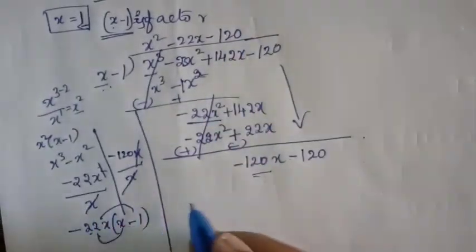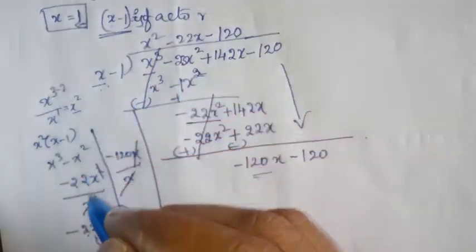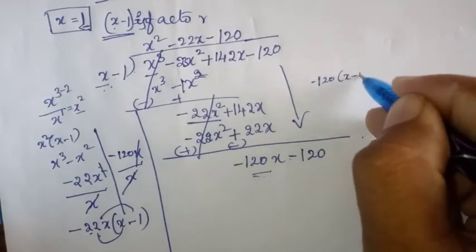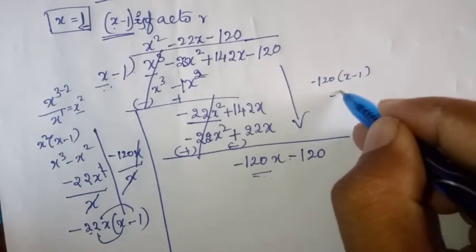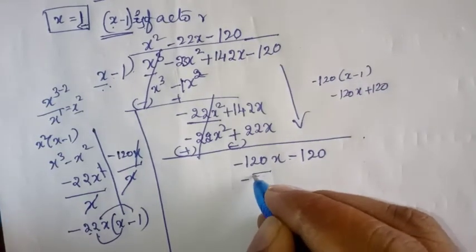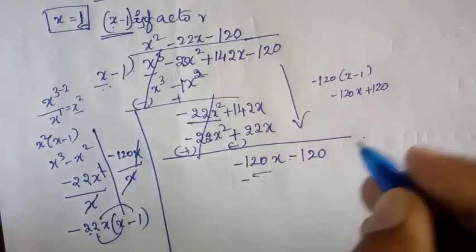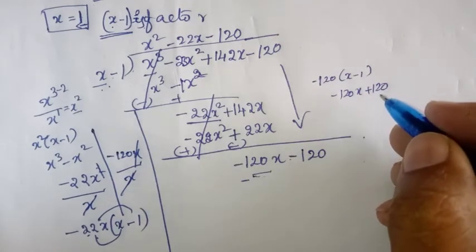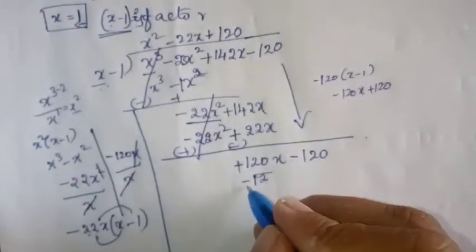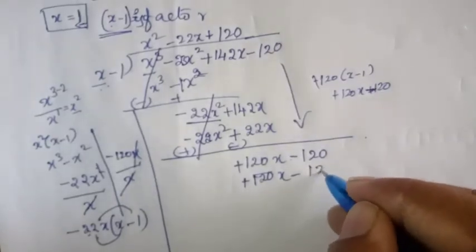Now multiply, it's very simple: minus 120 into x minus 1, that's minus 120x plus 120.